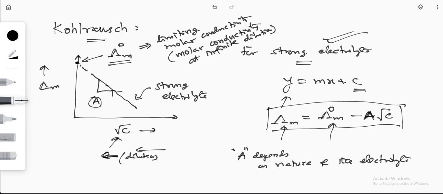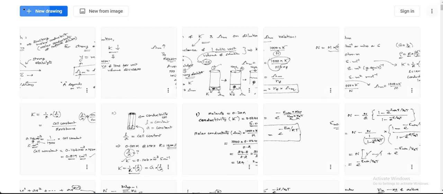So here a is nothing but the slope. Since the slope is negative, I put a negative sign here, and the value of a depends on the nature of the electrolyte. Now, what is meant by that?